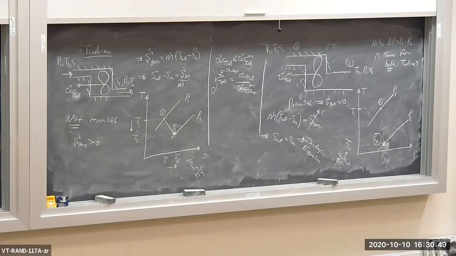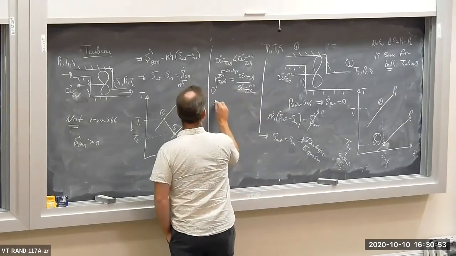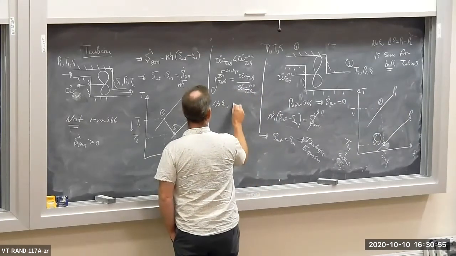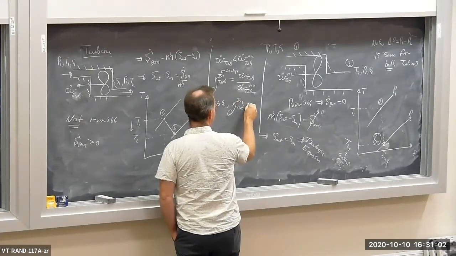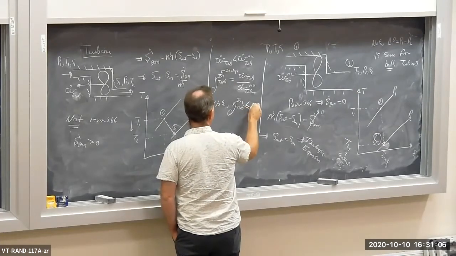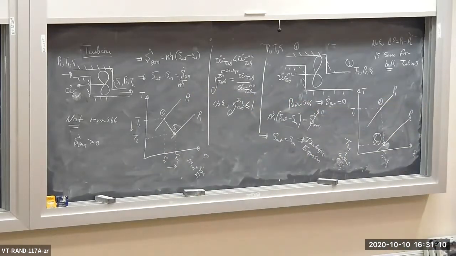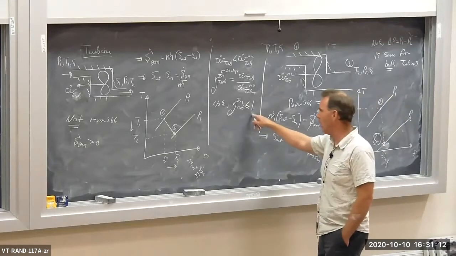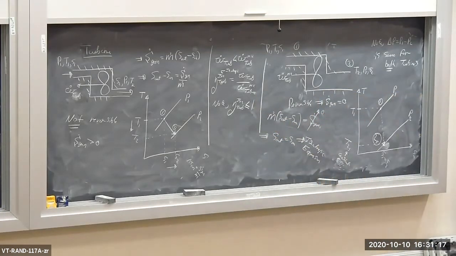Needless to say, the isentropic efficiency for a turbine is equal to or less than 1. If the efficiency is 100% or 1, we've got a reversible turbine. If the efficiency is less, we have an irreversible turbine.